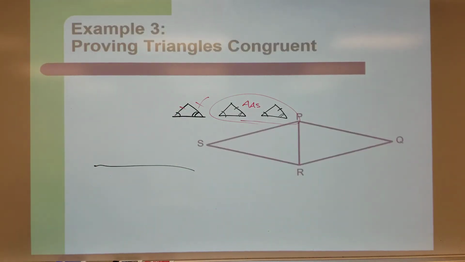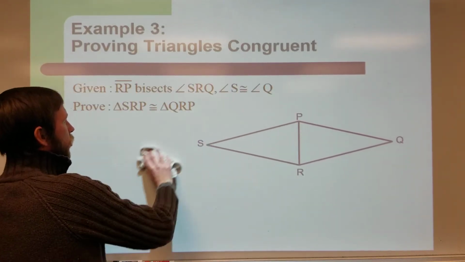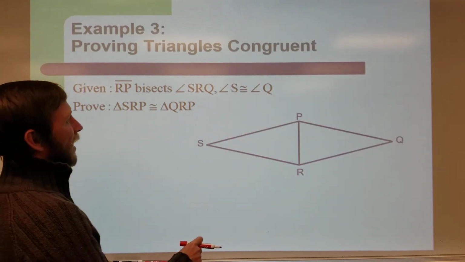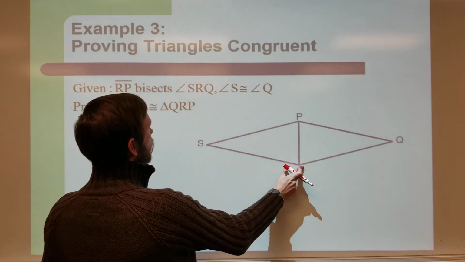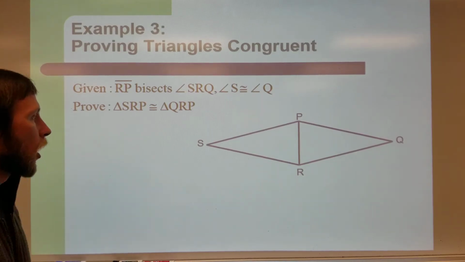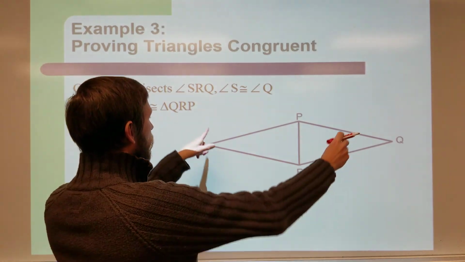So let's apply that angle-angle-side theorem in this situation. Now my proof is going to be a little bit silly here because we can do this a couple different ways, but I'm just going to try to stick with the angle-angle-side approach. Given that segment RP bisects angle SRQ, and given that angle S is congruent to angle Q. We can structure this in a couple different ways, but what I want to do is use angle-angle-side.